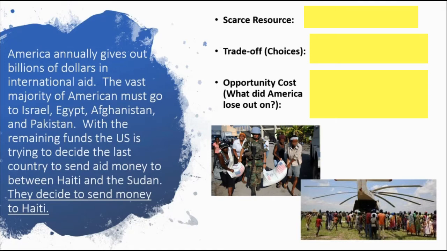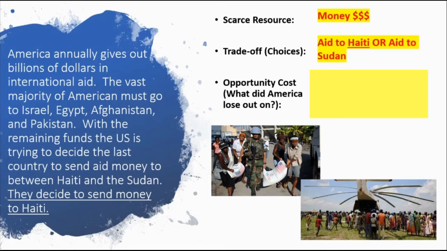They decide to send money to Haiti. So the scarce resource we're dealing with here, once again, is money, the government's money in particular. The trade-off is going to be deciding who to give this extra aid money to. Are we going to give it to Haiti, or are we going to give it to Sudan?